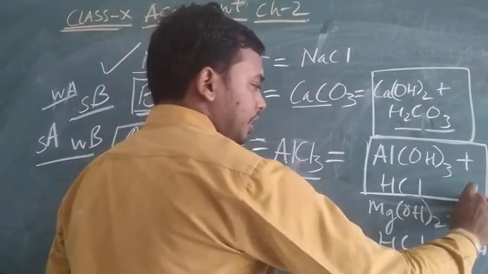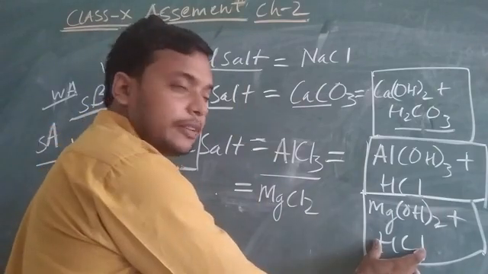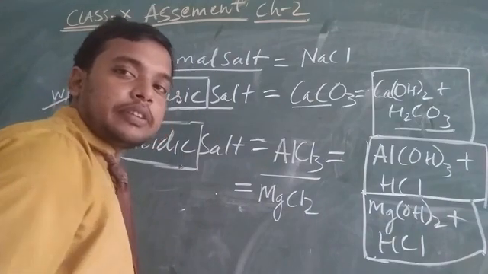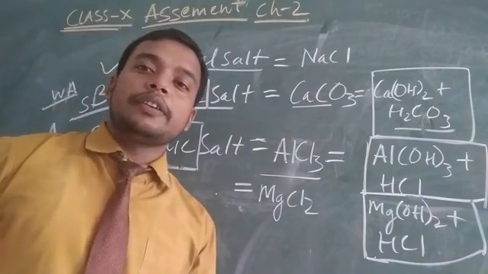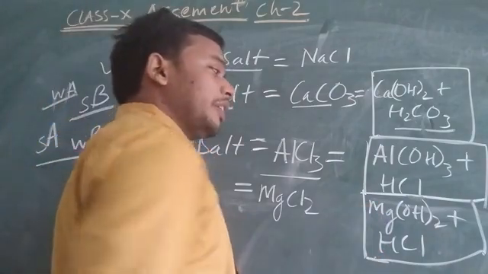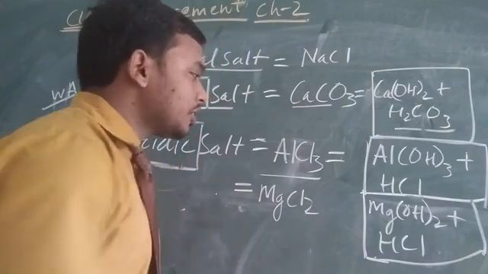Here HCl is a strong acid and magnesium hydroxide is a mild base. That's the reason behind it. Magnesium hydroxide is used in the formation of antacids, and its common name is milk of magnesia.